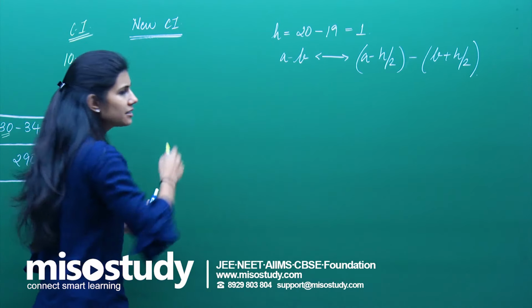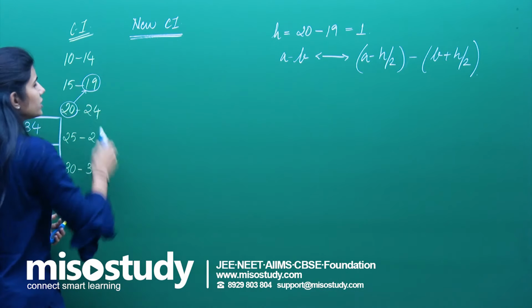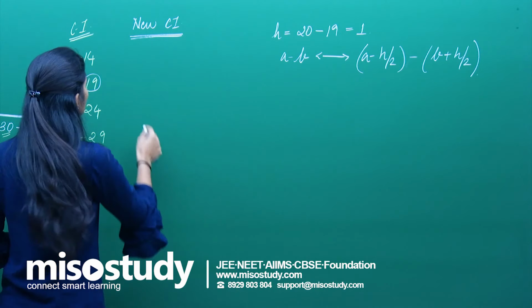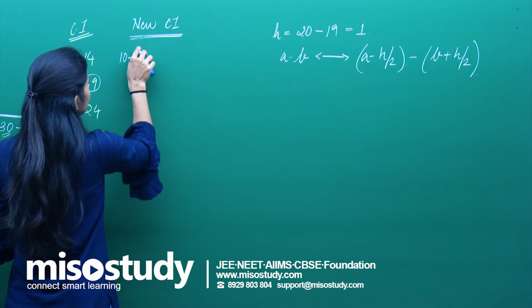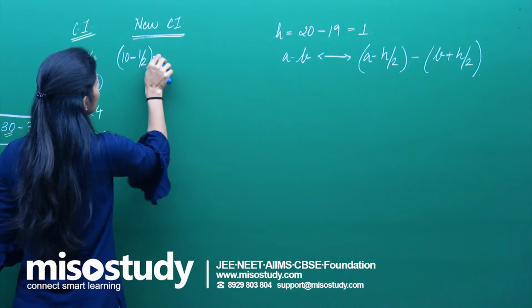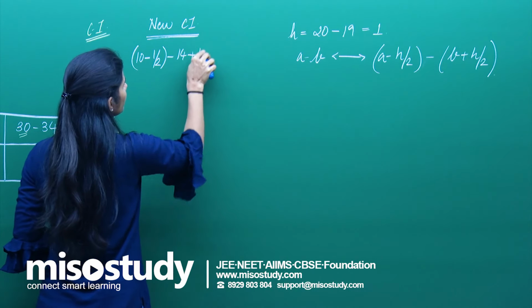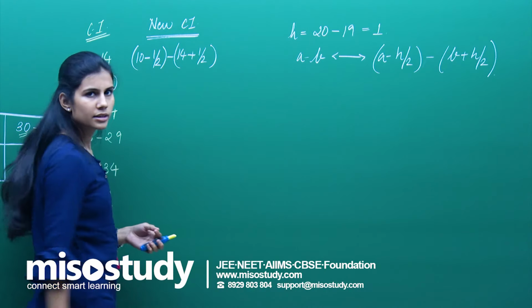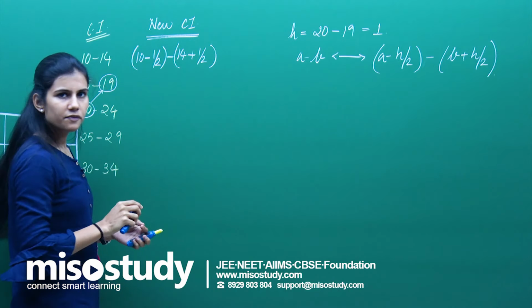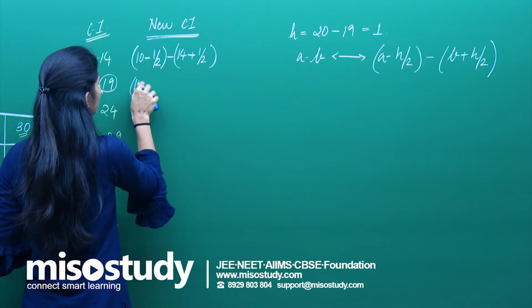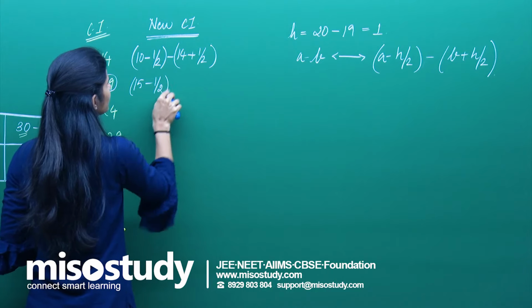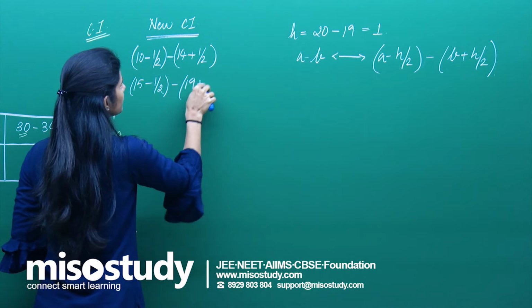In our case, h is 1, so the 10 to 14 class interval will be modified to 10 minus 1 by 2 to 14 plus 1 by 2. Similarly, this will be modified to 15 minus 1 by 2 to 19 plus 1 by 2.